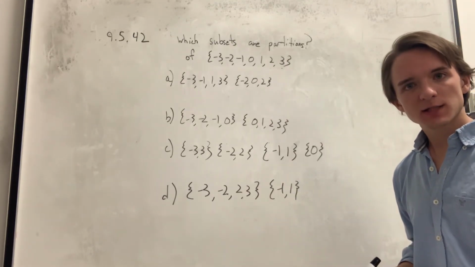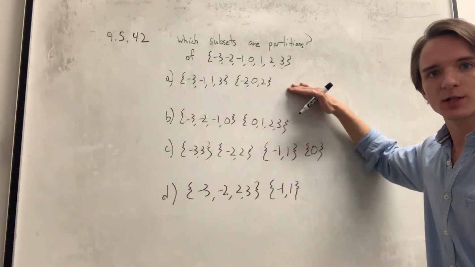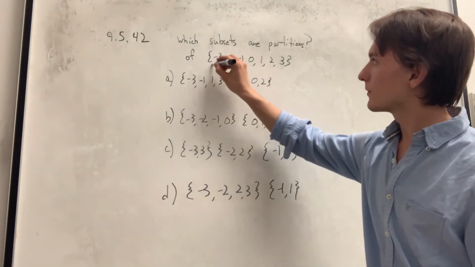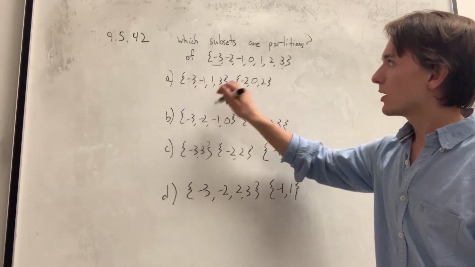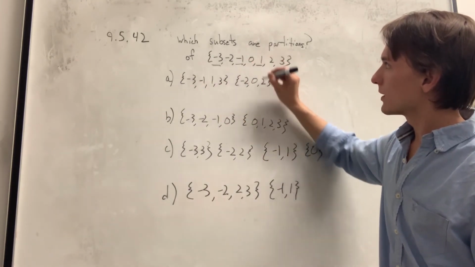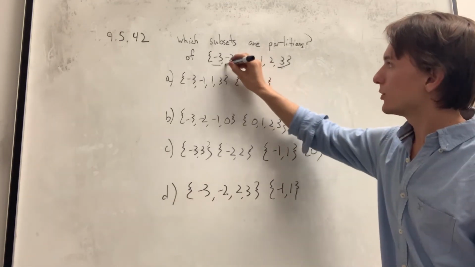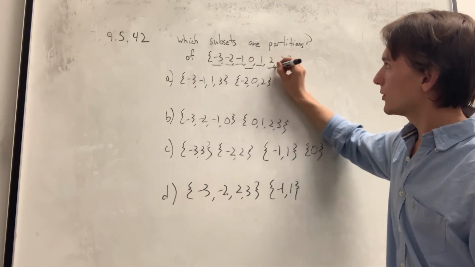Okay, so with that understanding, is A a partition? Well, let's look at it more carefully. We have -3, so that's checked. -1, 1, 3. Then in the second subset, we have -2, 0, and 2.